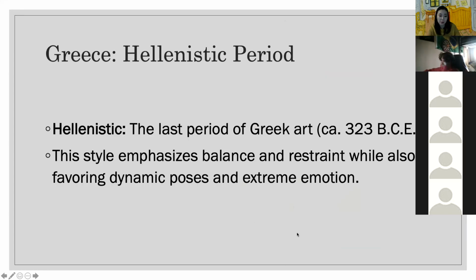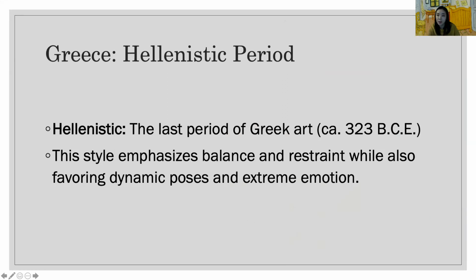And the last period of Greek art is called Hellenistic. It begins about 323 BCE. This style emphasizes balance and restraint while also favoring dynamic poses and extreme emotion.